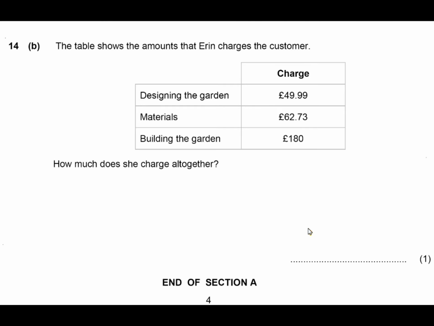So it's a non-calculator exam, so we'll break it down into small individual calculations that we'll do manually. So we have £62 and 73 pence. And we're going to add £49 and 99 pence.